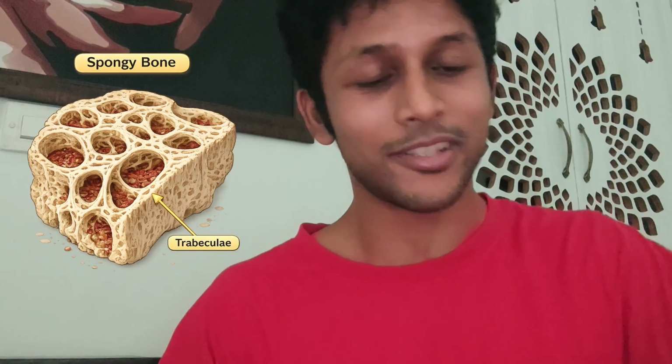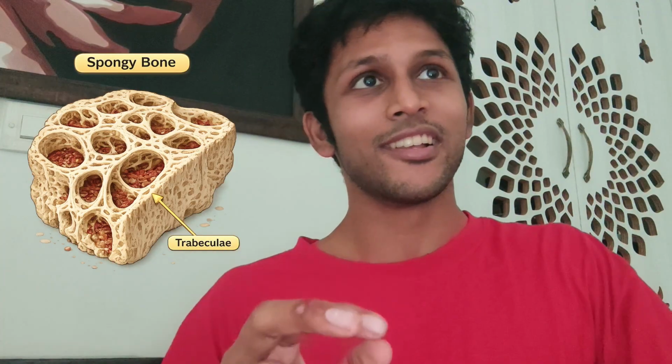Now the part which I spend the most time on. So we have compact bones and we have spongy bones. Compact bone is the part, like in a long bone, whatever is on the outside. And then there are parts which have something called trabeculae. Trabeculae is part of the spongy bones.